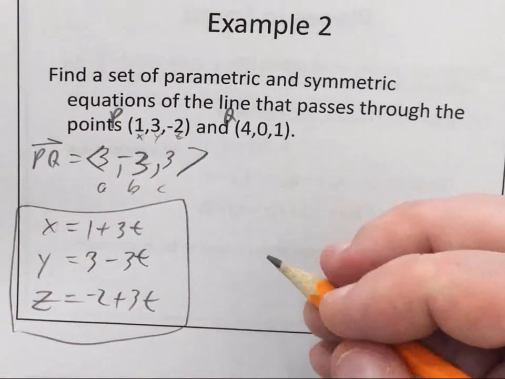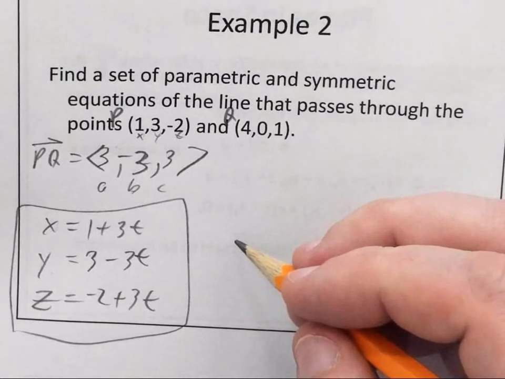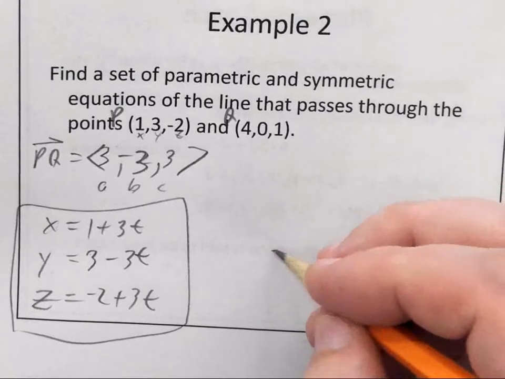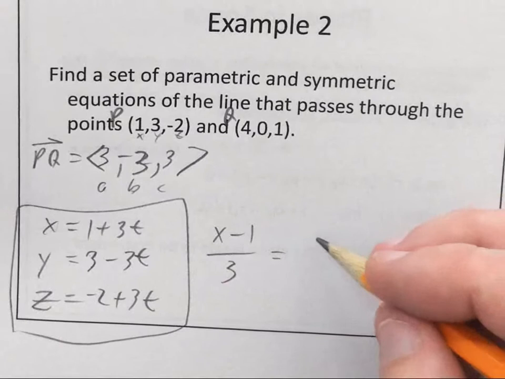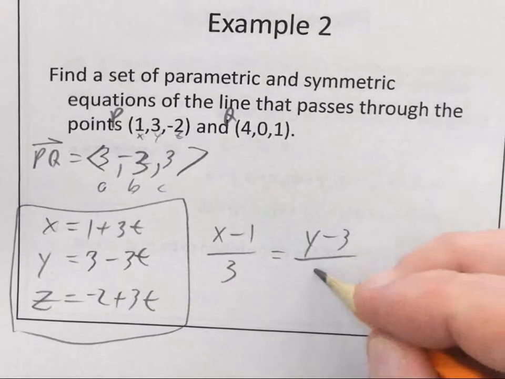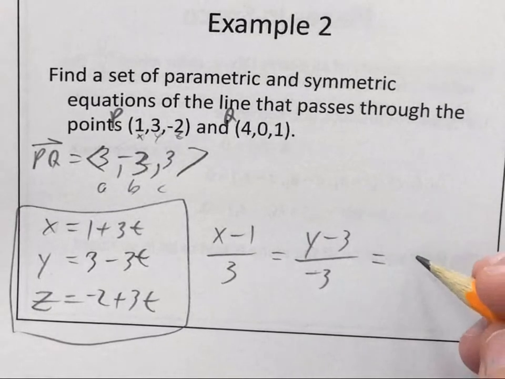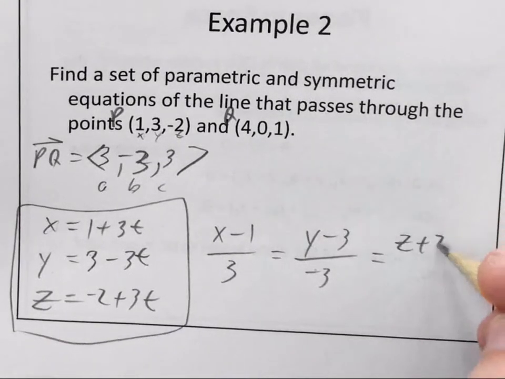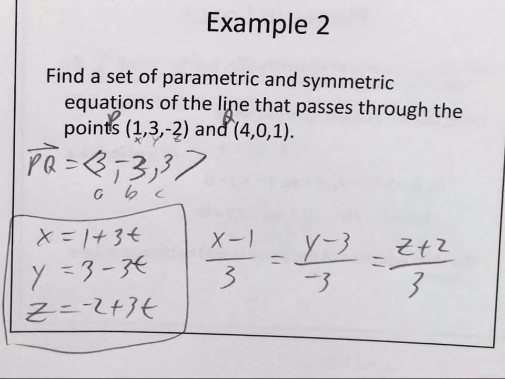For the symmetric, what are you going to have for your first fraction? X minus 1 over 3, then divided by negative 3, and over 3. There's your equations.